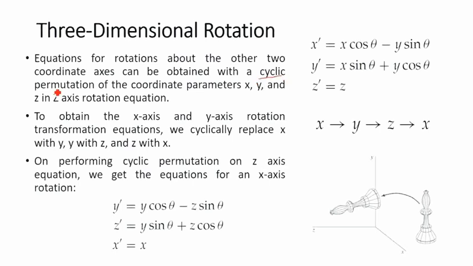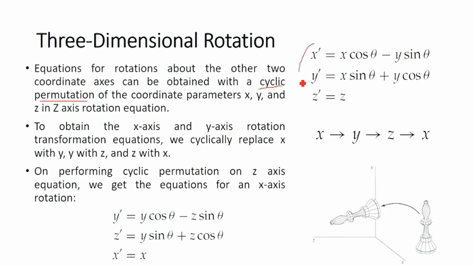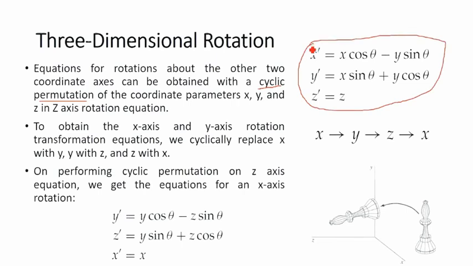So what is cyclic permutation? We know that this is a set of equations which will give us z-axis rotation. Now in order to rotate this object around x-axis, you have to perform one cyclic permutation. In order to get y-axis, you have to perform another cyclic permutation. So what do we mean by cyclic permutation?